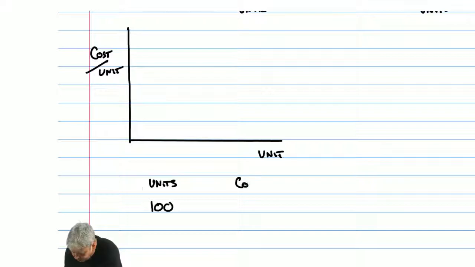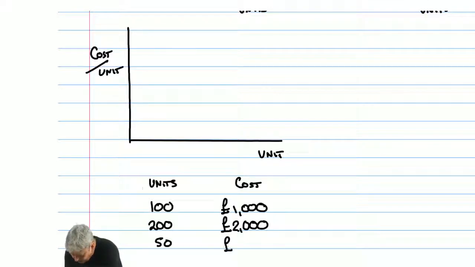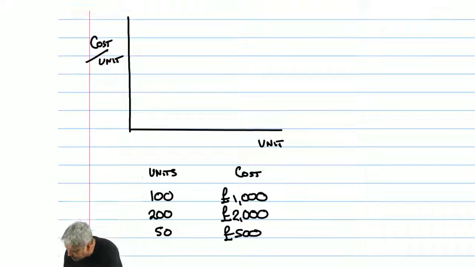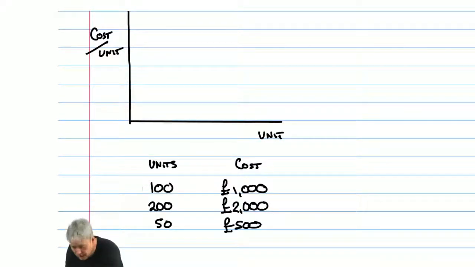And we have a cost of 1,000. And we have 200 units, and we have a cost of 2,000. And we have 50 units, and we have a cost of 500. Does that make sense to you? Are you happy with that? And I suppose you can say 0 and 0.